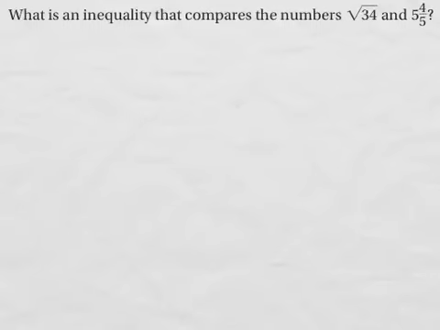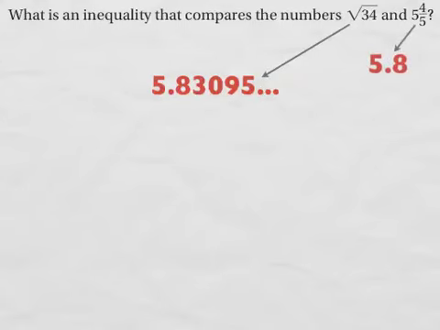I will let you use a calculator to find the square root of 34. When you plug it into your calculator, it's 5.83095. Notice I put a dot, dot, dot, which means that it is not terminating. It's going to keep going on and on and on. To change 5 4/5 to a decimal, it is 5.8.